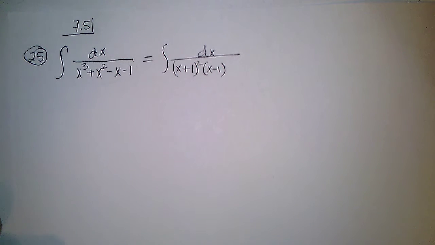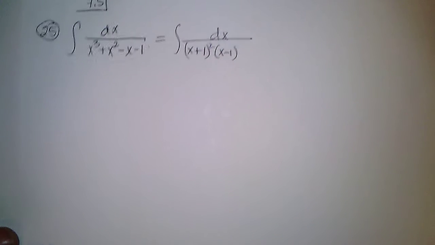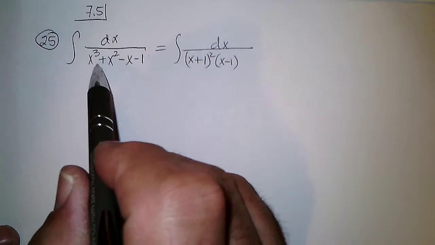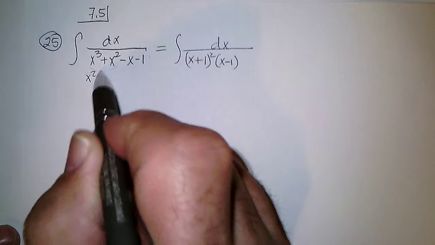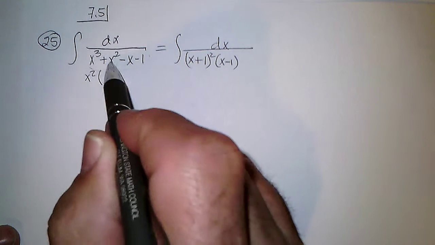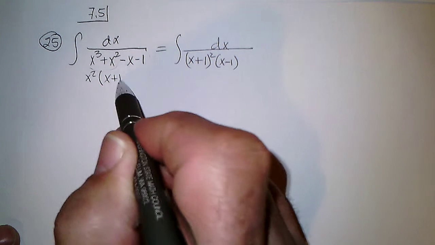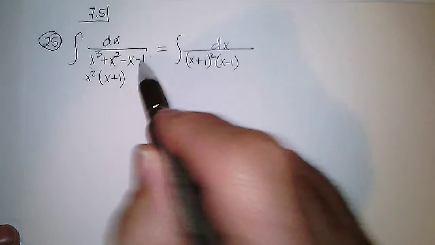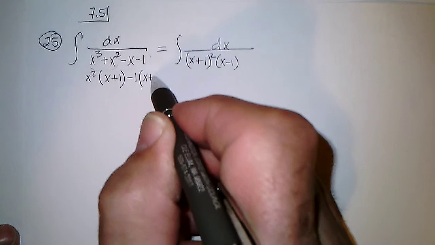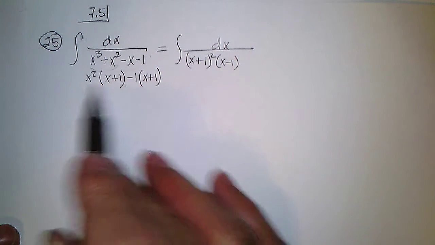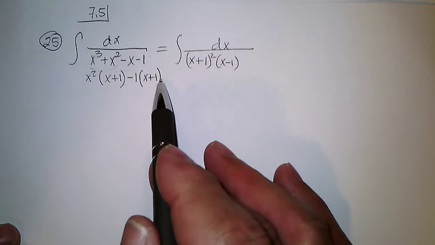Now, the factoring technique that you could use to get that is to say, okay, I can take an x squared out of these two, and that would leave an x plus 1. And then out of these two, I can take a -1, and that would leave an x plus 1. So in this term, there's an x plus 1, and in this term, there's an x plus 1.